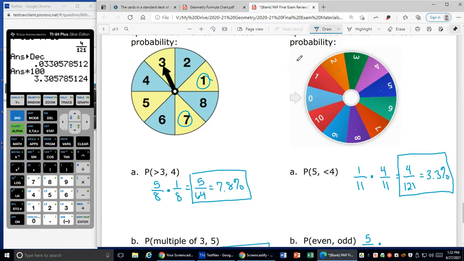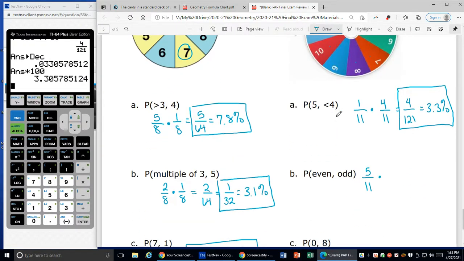And odd numbers. So that's going to be 1, 3, 5, 7, and 9. So 5 spaces are odd, which makes sense because that's 10 of my spaces, and the 11th space is neither even nor odd. It's neutral. 5 times 5 is 25 over 121.